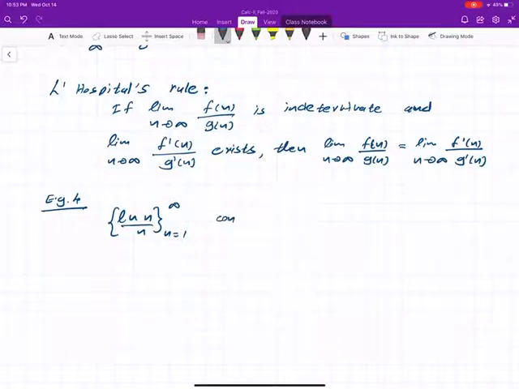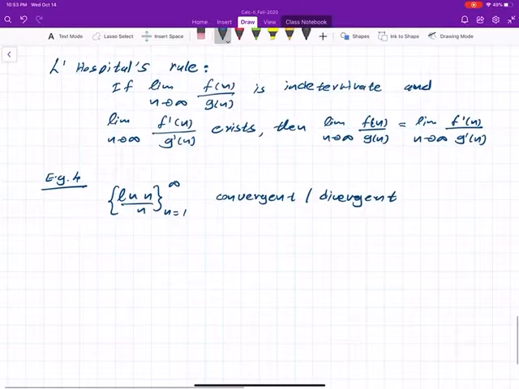You have to find whether this is convergent or divergent.